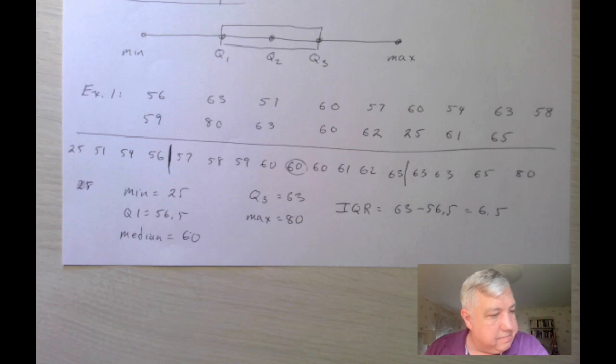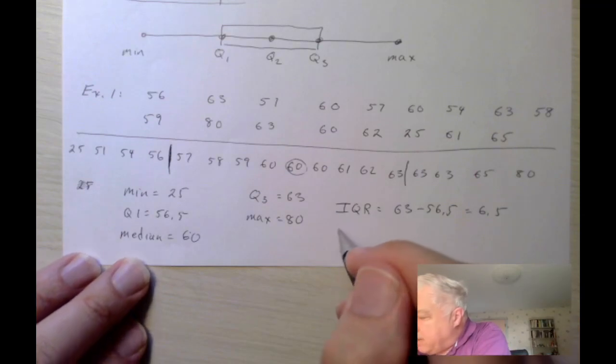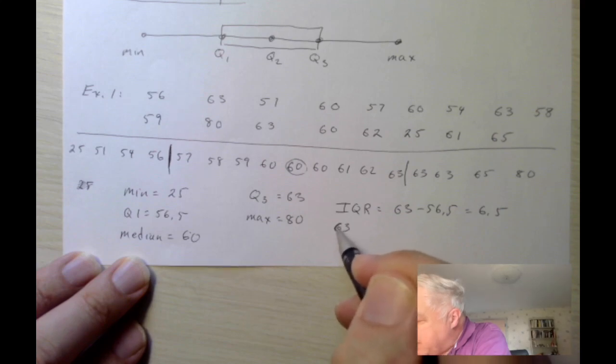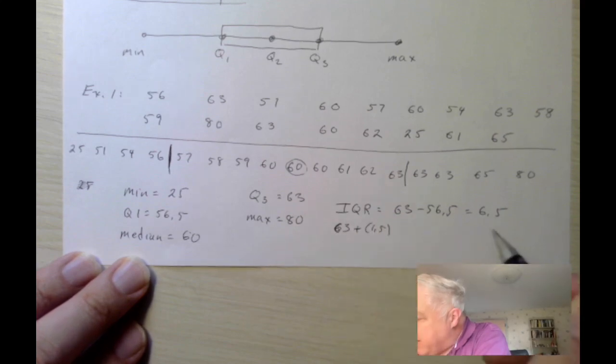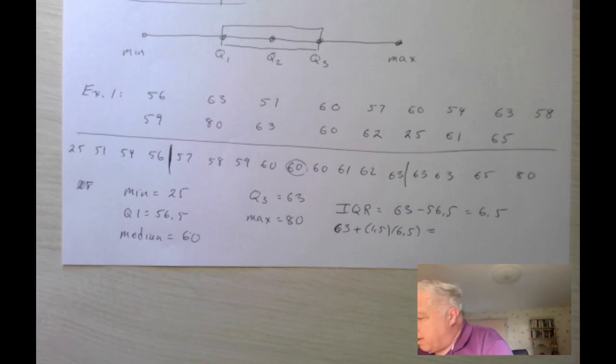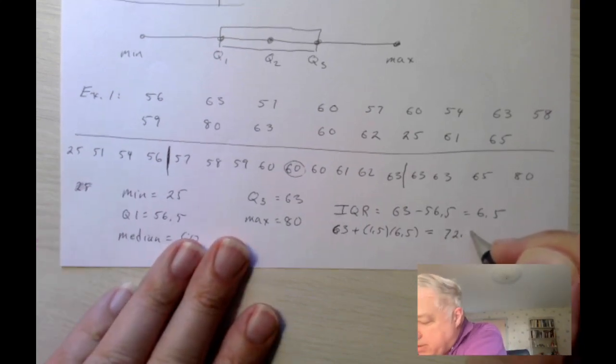We can clearly see what the outliers are, because if we compute Q3 plus 1.5 times the IQR, that's 63 plus 1.5 times 6.5. I think I messed up my notes, so I'll just do this real quickly. That's 72.75.